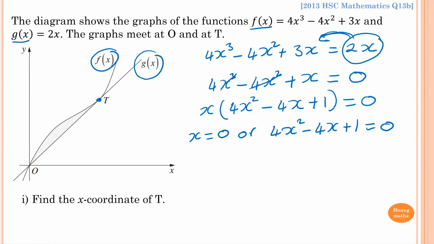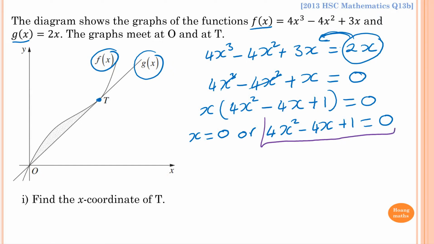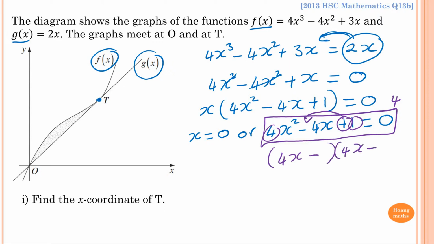is equal to 0. To factorize this, first of all, 1 times 4 is 4. Because of the plus here, we just copy this out. And because of the 4 in front of x^2, we write (4x minus)(4x minus), divided by 4, which equals 0.